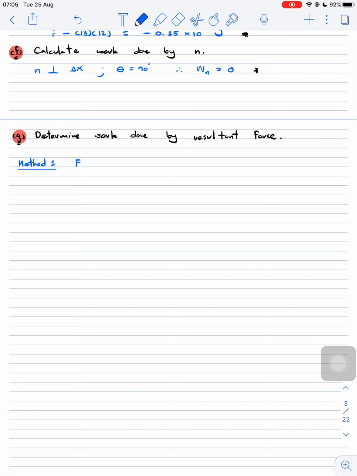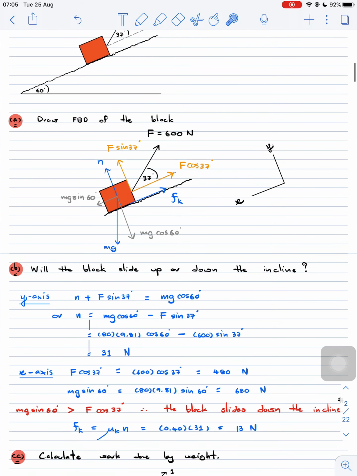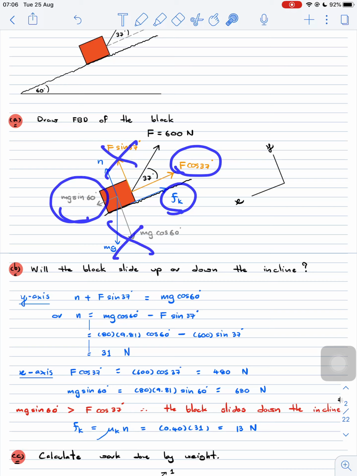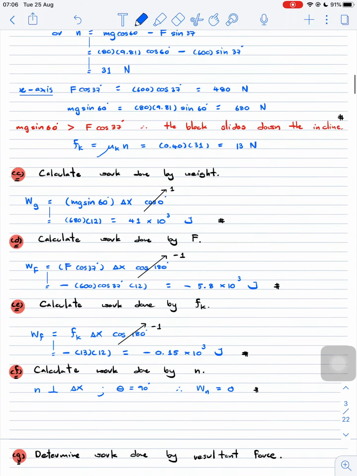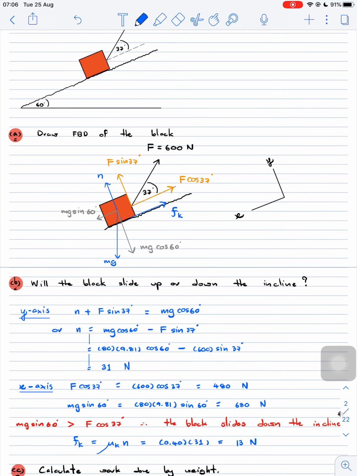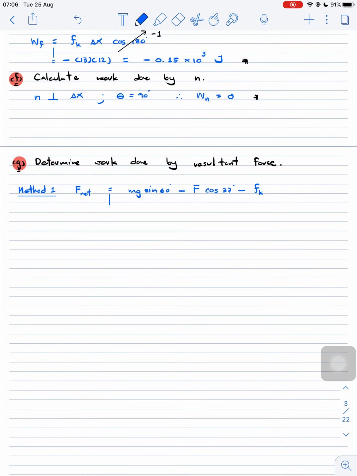You can see that the net force, the resultant force, right, is what? So we have the mg sine going down, the F cos and the fk in the upward direction, right? And this one doesn't contribute to the net force here. Then we have net force equal to mg times sine 60 degrees, right, and then minus F times cosine 37 degrees, and then minus the kinetic friction, fk.